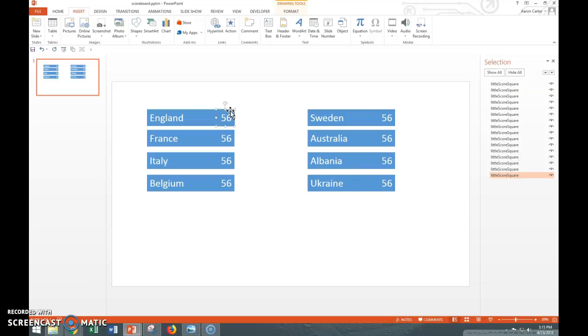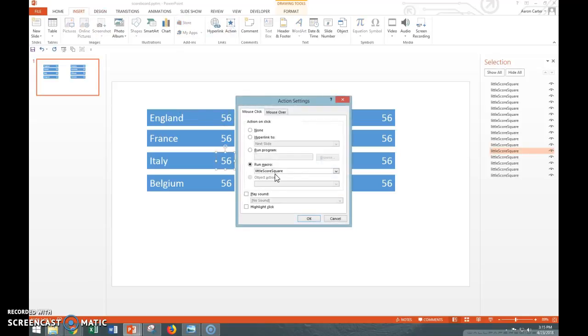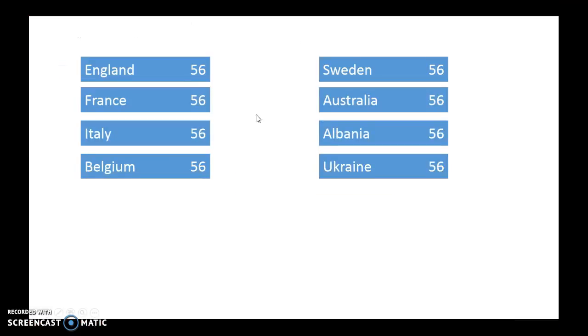Now, because each one of these squares has the little scoreboard macro on it, when we run, all of these should go up by 1 when they're clicked.